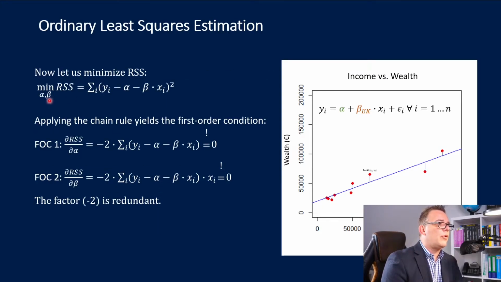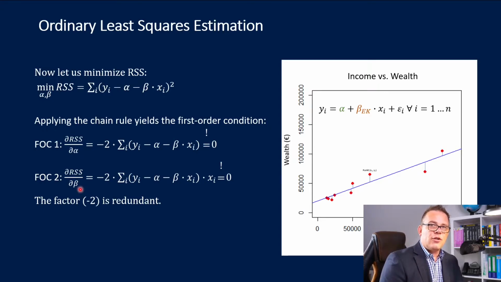So now we want to minimize RSS by choosing the right alpha and choosing the right beta. We have a minimization across two variables. Most of us have already learned at school how that works out, so we have to derive that formula with respect to alpha and with respect to beta.